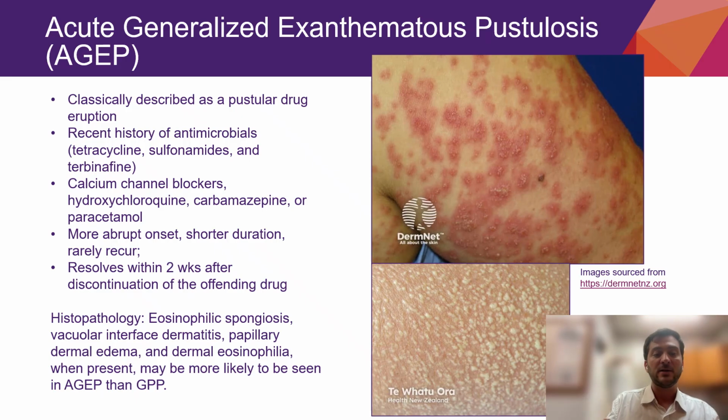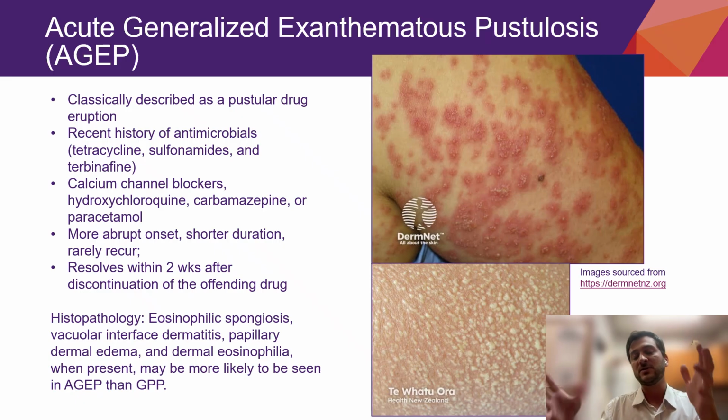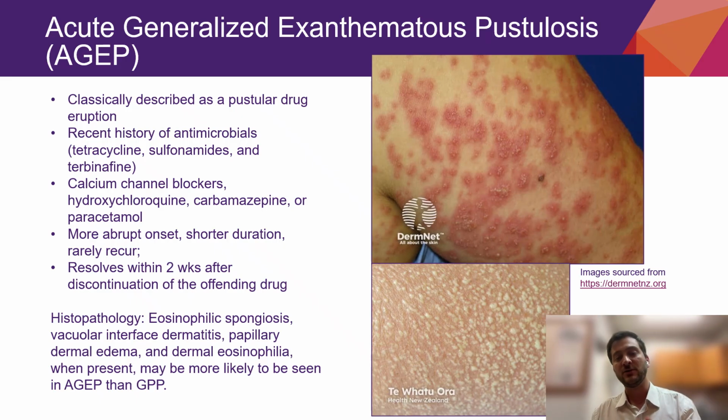When present, it suggests the diagnosis of AGEP more than GPP. So, presence of eosinophils in the biopsy is probably the most important clue to differentiate AGEP from GPP.